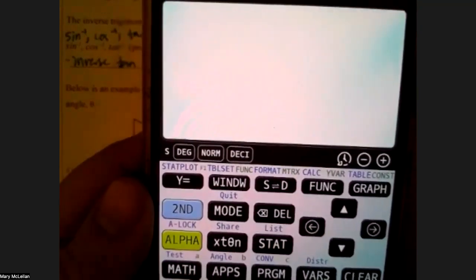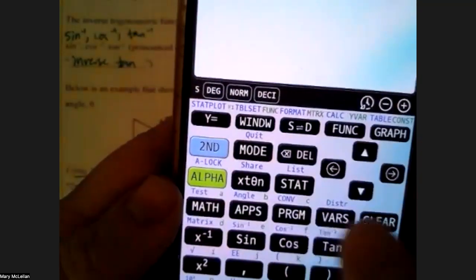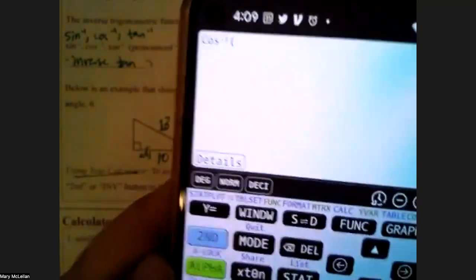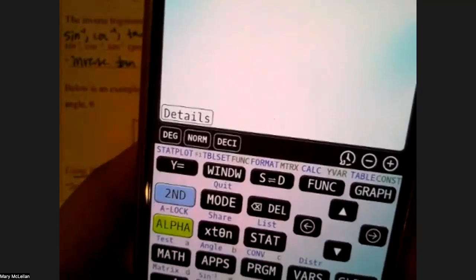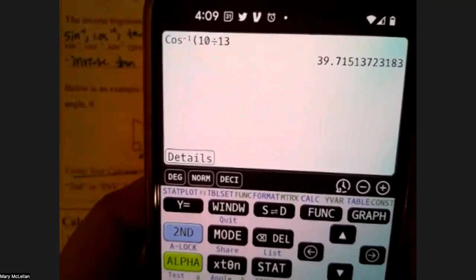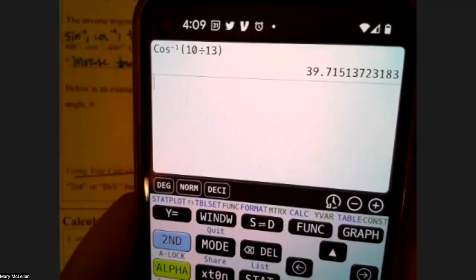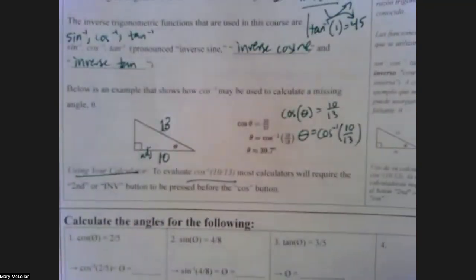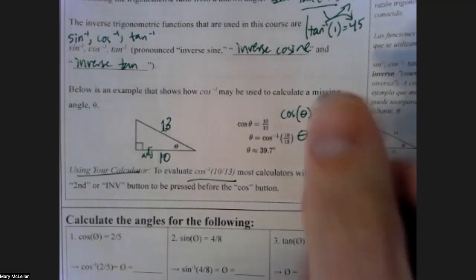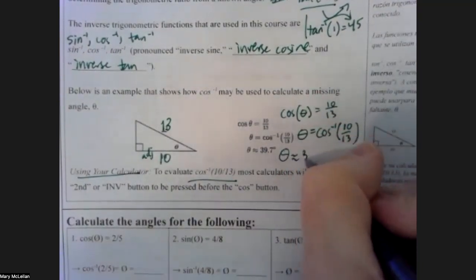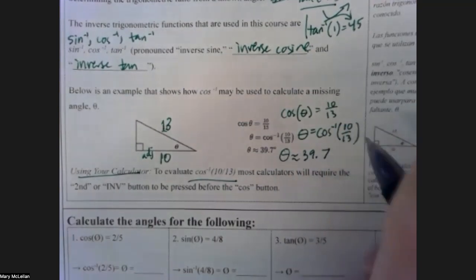And I want inverse cosine, so I press the cosine button, but I've activated the blue command above it. Inverse cosine of 10 over 13 is 39.7151, which is about 39.7. So I get theta is about equal to 39.7. Check.